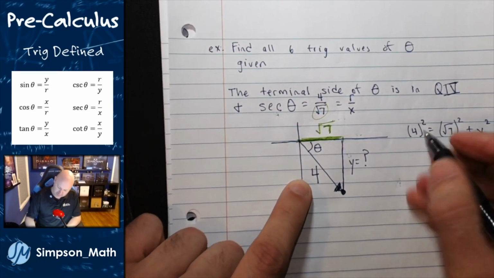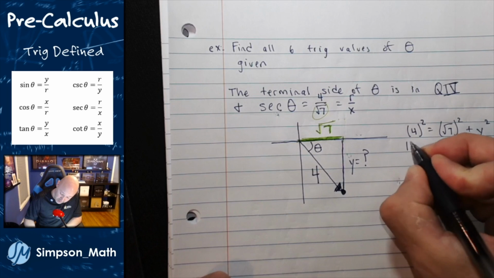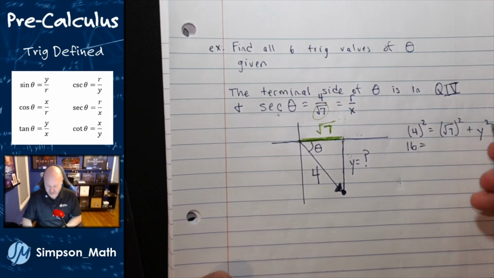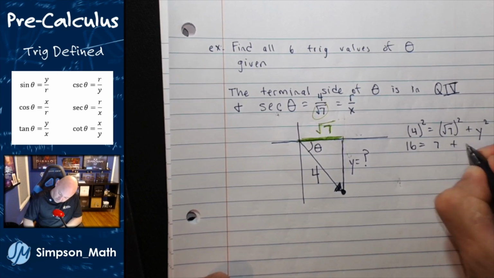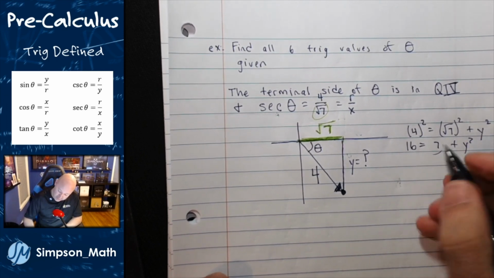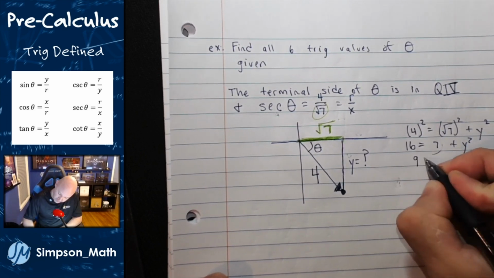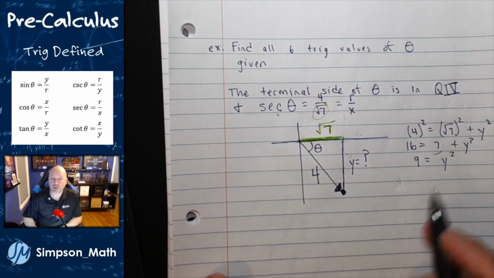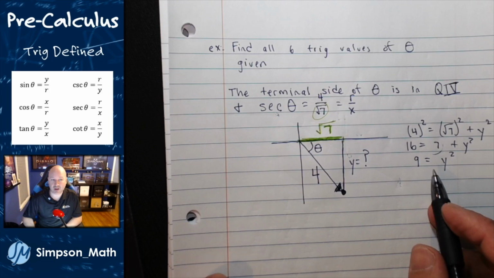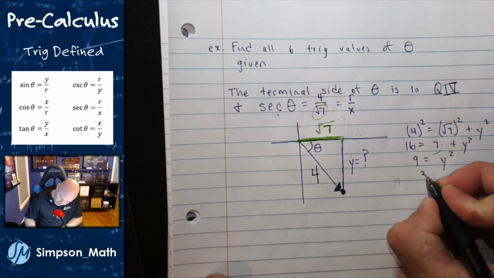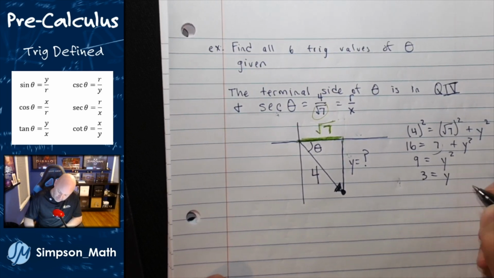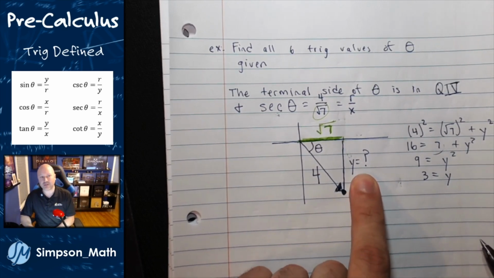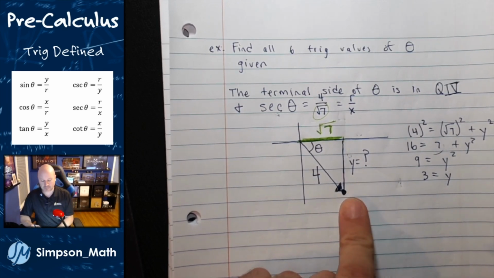This one's not as pretty as the previous one, but I can handle this. 4 squared is 16. The square root of 7 squared is just 7. Subtract that over. That's a pretty number. The square root of 9 is 3. So I know the y value is 3, or that length is 3.